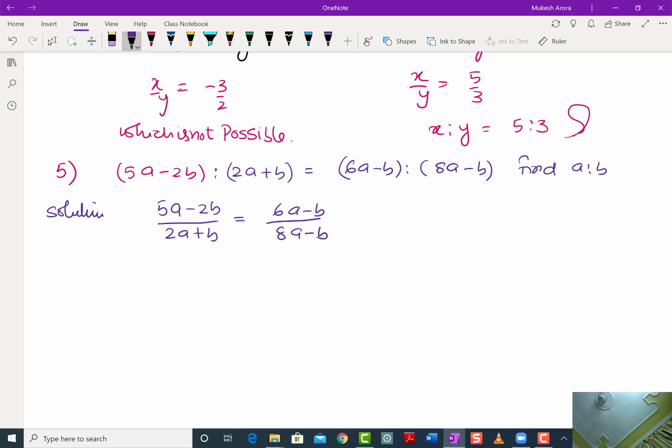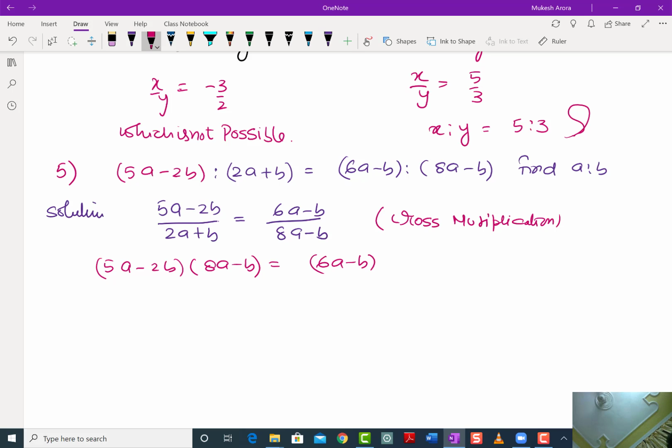Again, to find the ratio a ratio b, we are not left with anything else apart from doing what? Cross multiplication. So when we do the cross multiplication, it will be 5a minus 2b into 8a minus b is equal to 6a minus b into 2a plus b.